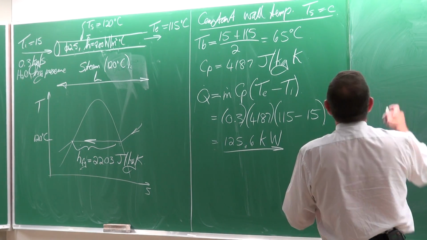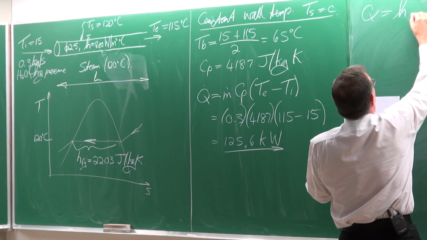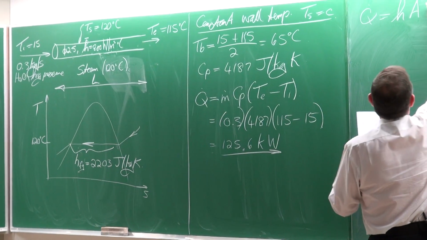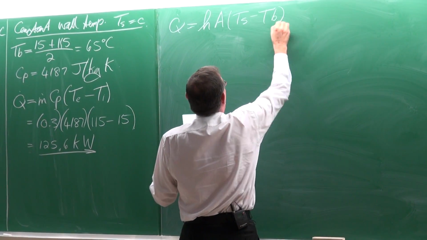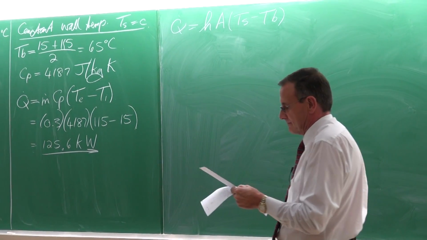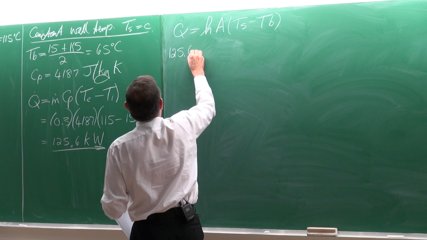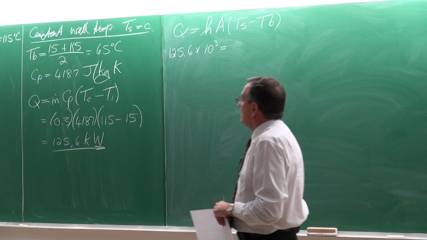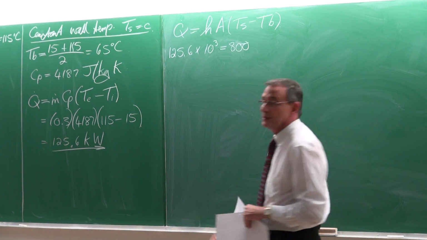So let's calculate the length required. The heat transfer rate is equal to the heat transfer coefficient multiplied by the area multiplied by Ts minus T bulk. The heat transfer rate is 125.6 kilowatts. The average heat transfer coefficient was given as 800.